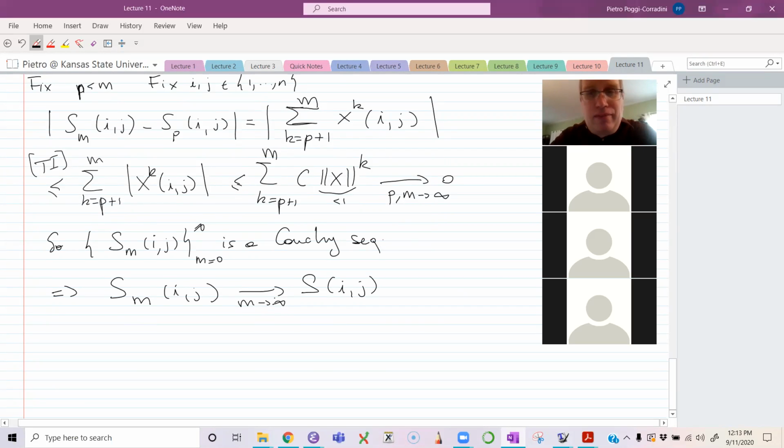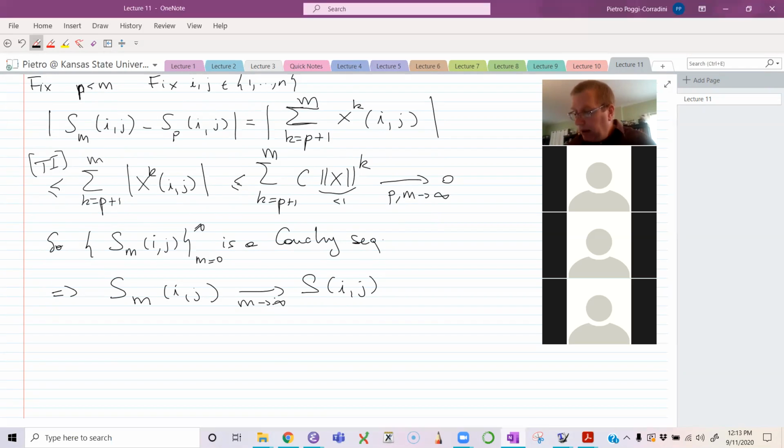All right, everything on board with this? Yep. Cool. All right, so we have a limit of the partial sums. And it's a pointwise limit, right? In each coordinate, these things are converging.